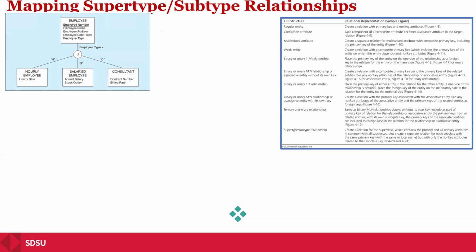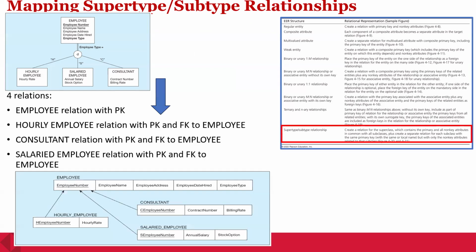And then we add keys here. So in this case, we have four different relations. We have one for a supertype for an employee, right? And the employee number is going to be a primary key here. Then we are going to have an hourly employee, consultant, and salaried employee.